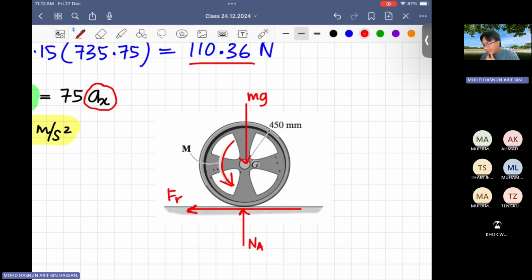So now we want to calculate the moment about G. This is point G. So we're gonna draw the vertical line along G and also the horizontal line. So you can see from here, mg and Na does not have moment about point G, but the friction has moment.